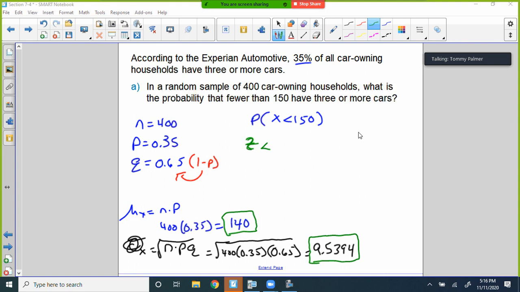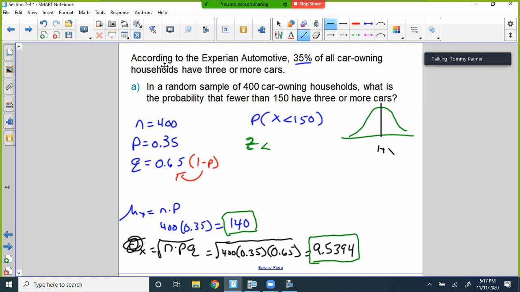If it's fewer than 150, let's draw that, and I'll show you what I'm about to do. So here, this is 140, and I'm wanting basically less than 150. So I'm here at 150, all the way over, right?